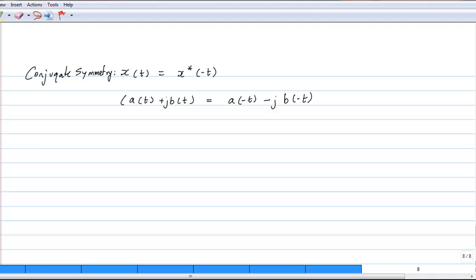Now, if the left hand side has to be equal to the right hand side, it means that a of t must be equal to a of minus t, but b of t must be equal to negative b of minus t. So a of t is even and b of t is odd.